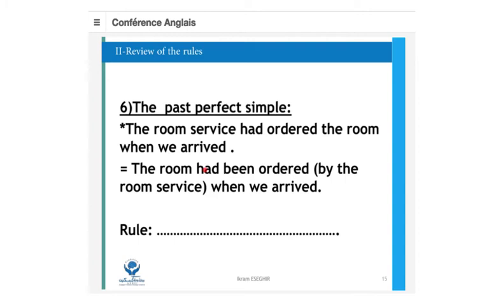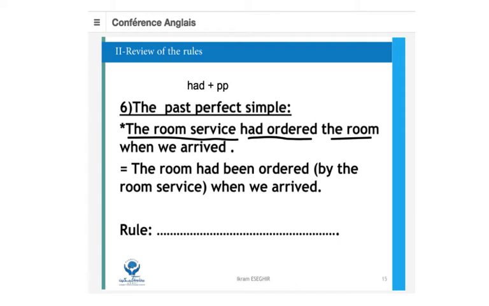Next is the past perfect, which you have seen this year. Now, the past perfect is what? The past perfect is when you have had plus past participle. Now here you have two sentences, sentence number 1 and sentence number 2. But we care about the sentence where we have a subject, a verb, and an object. So I start here with the room service, that's the subject. Had ordered is a verb, and had ordered what? They had ordered the room.